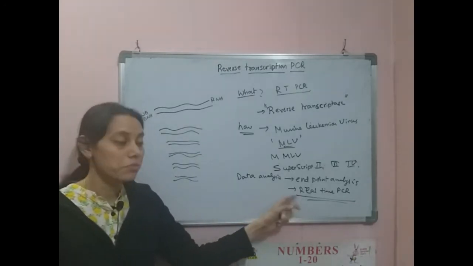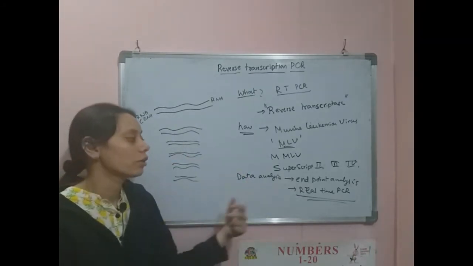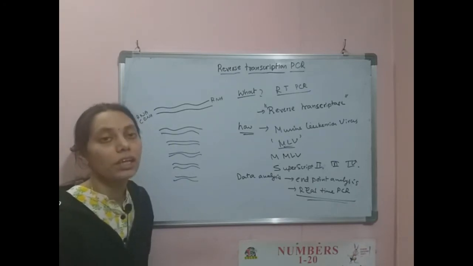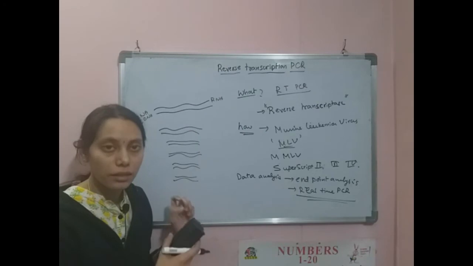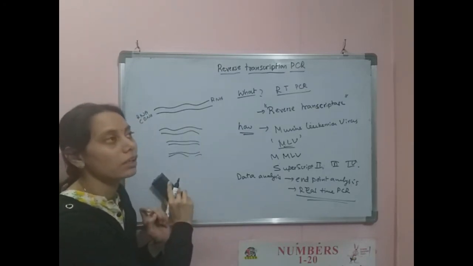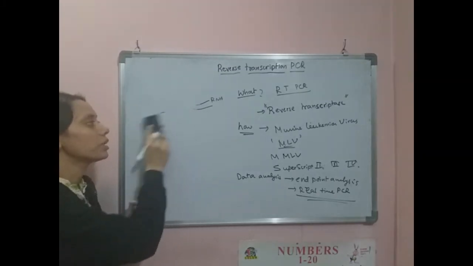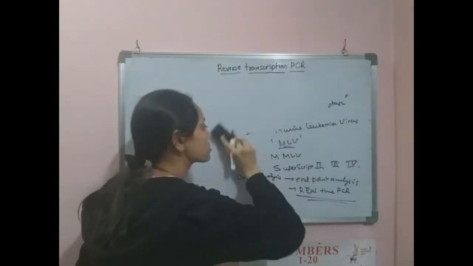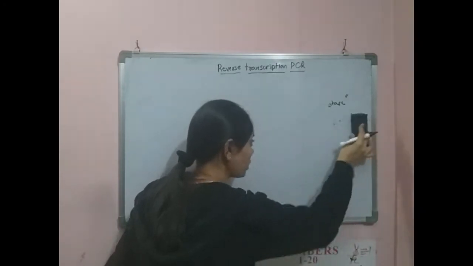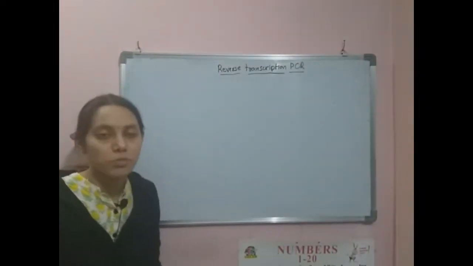For reverse transcription experiments we generally go with real-time PCR to understand the quantity of DNA being accumulated at that point of time, so that initial concentrations can be properly determined. For many purposes like gene expression analysis, viral load, or comparative expressions, we go for reverse transcription PCR.